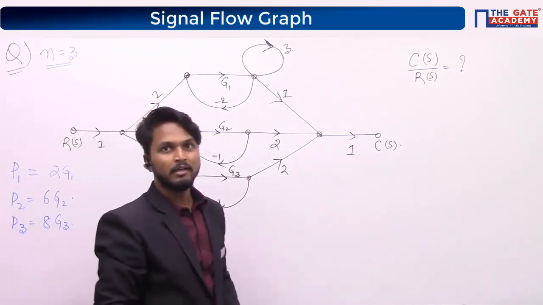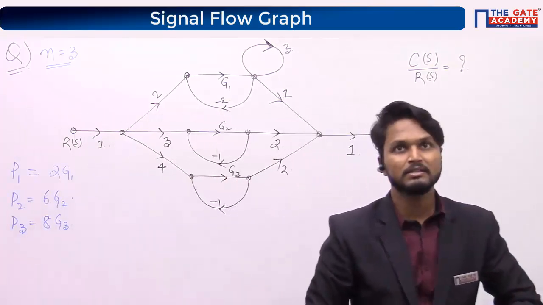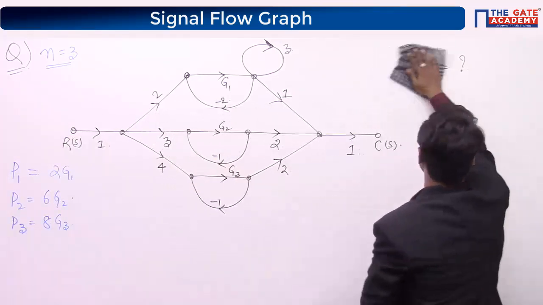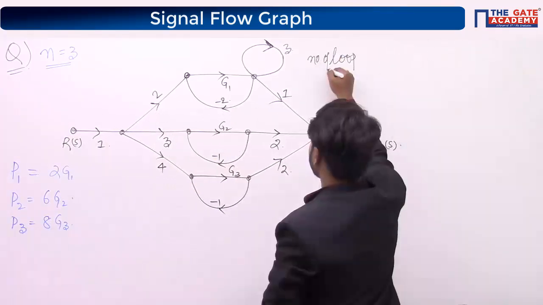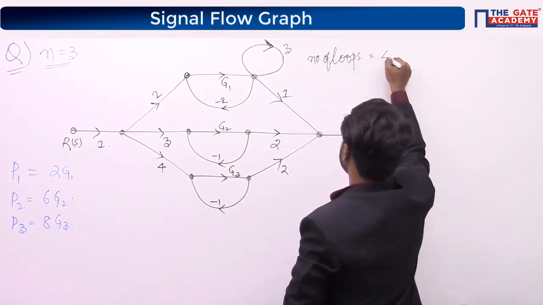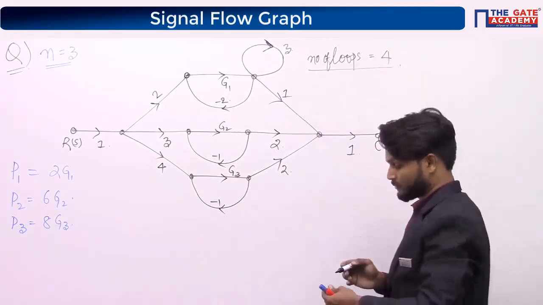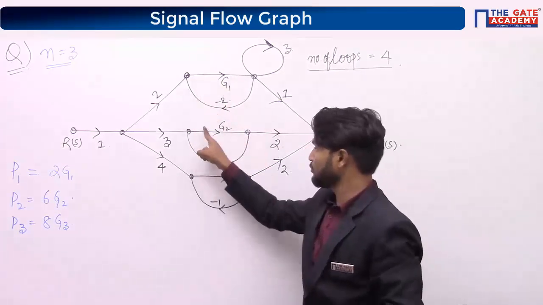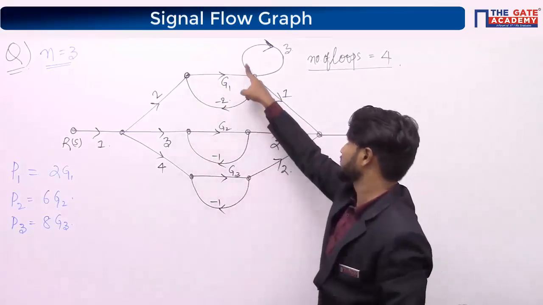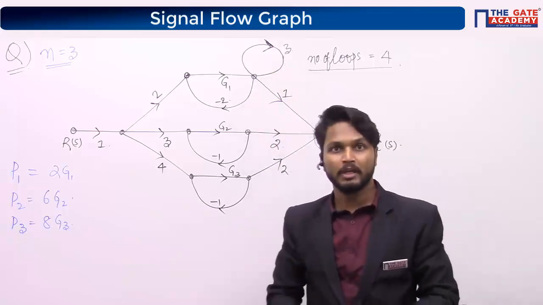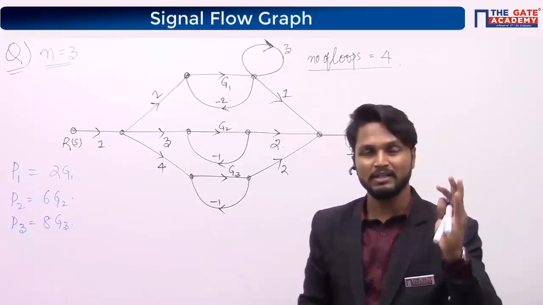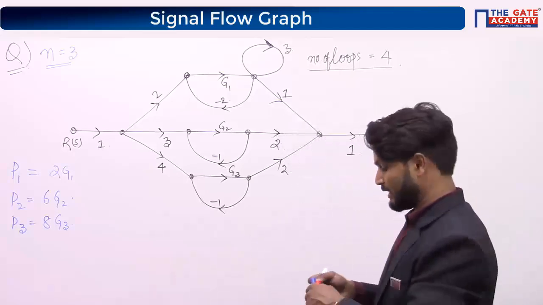Right? So how many loops are there in this? Yes, the number of loops is equal to 4. This is one loop, this is the second loop, this is the third loop, and this is the fourth loop, right? We have 4 loops. So let us write down the gains of each and every loop clearly.